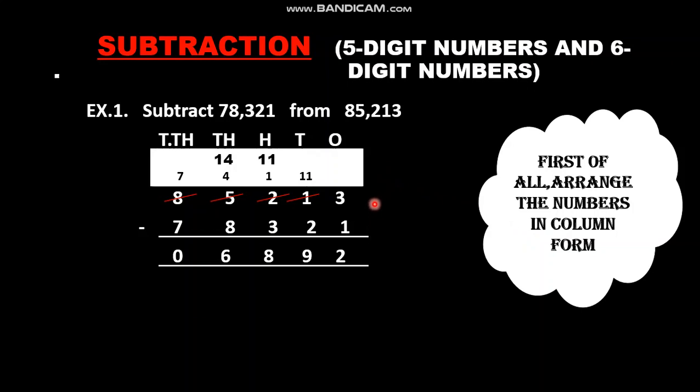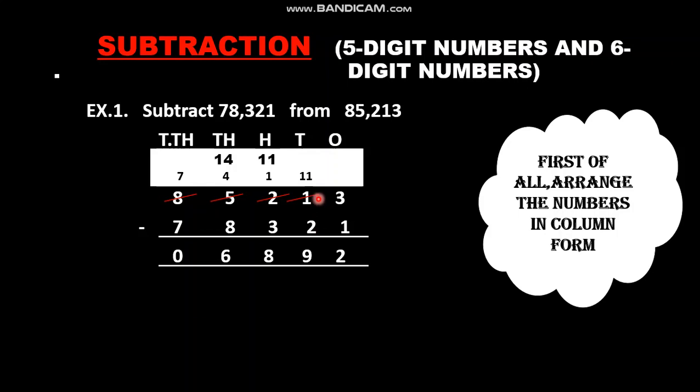As you know that we start the subtraction from the ones place. And here we have 3 minus 1 is 2. Moving on to the next place. Here we have 1 minus 2. But we know children that we can always subtract the smaller number from the bigger number.